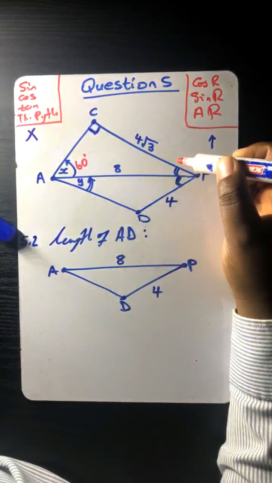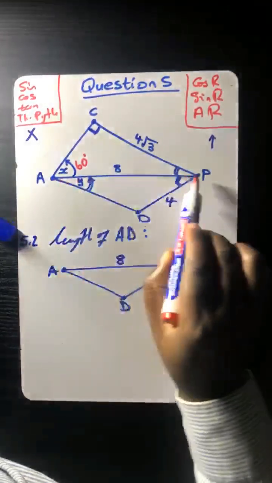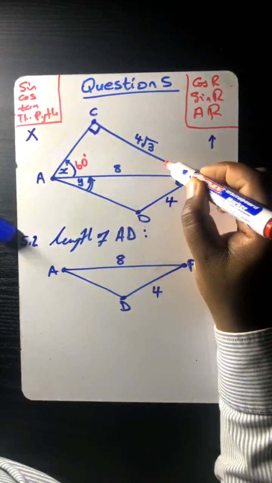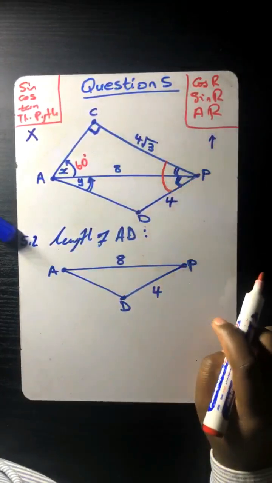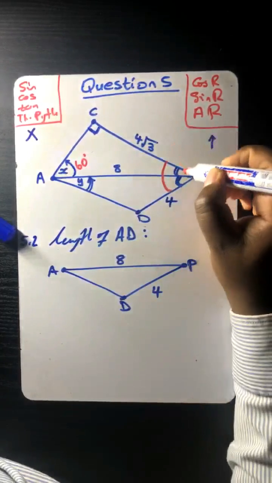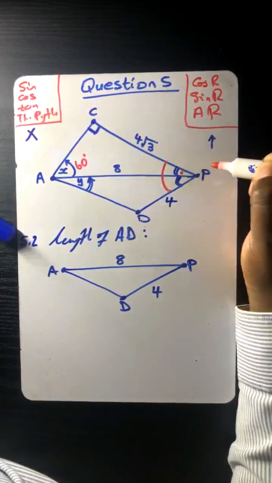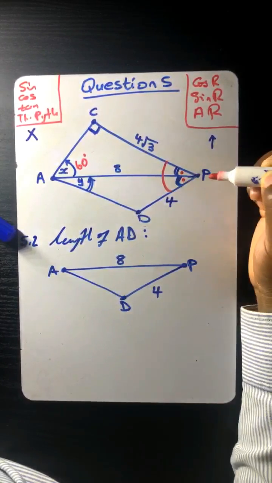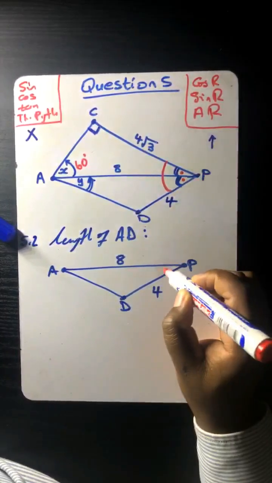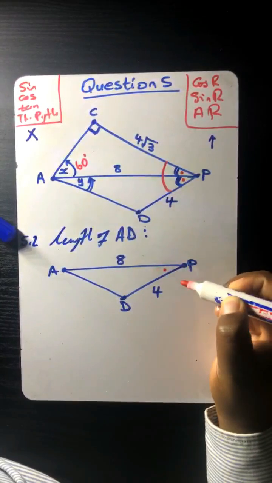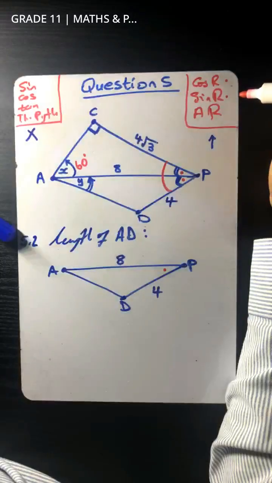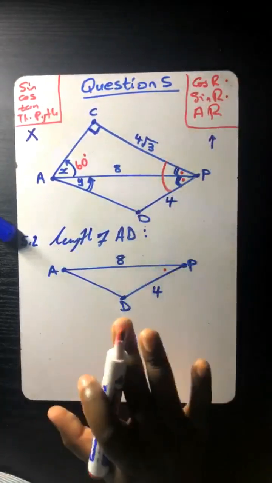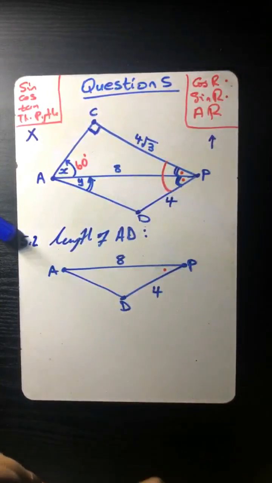From what I remember, they said this line AD bisects this whole angle, obviously into 2 equal halves. So that means if I can know what this angle is, then I'm going to be able to know what that angle is. Therefore, I'll be having that, and I can either use the sine or the cosine rule. I'm not sure if it makes sense, honorable members. What I've just explained, does it make sense before I go deeper?